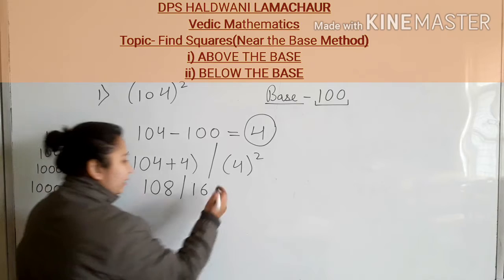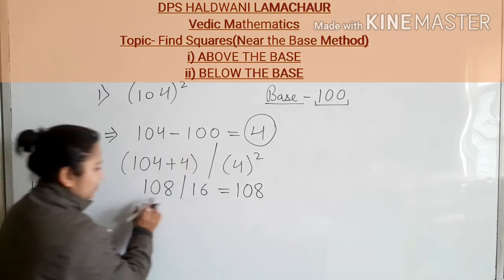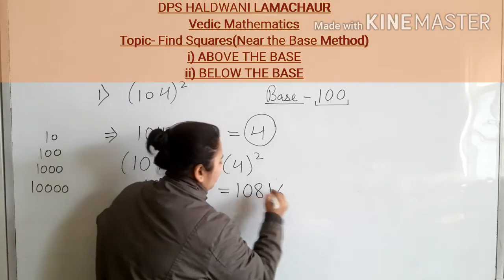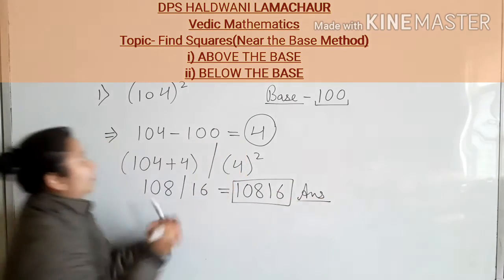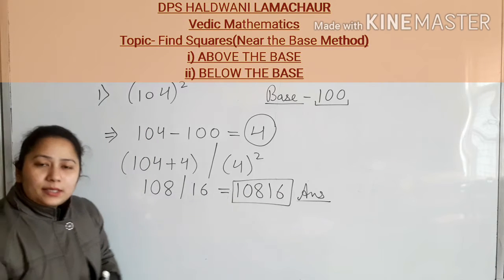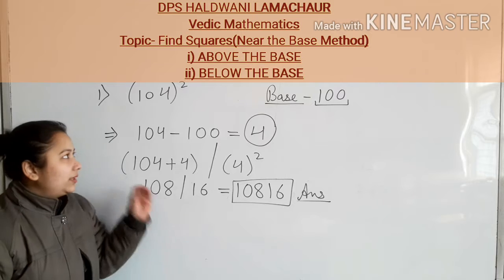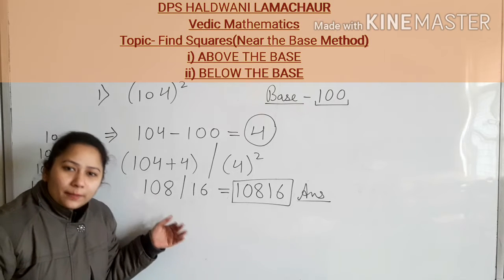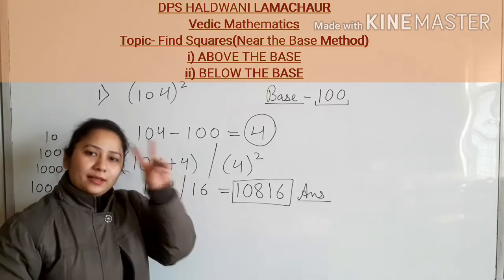It's fine, no carry. So the answer is 108 and 16. And this is your square of 104. You can see kids how easily we have taken out the squares of the numbers which are above the base. You will get it more when we do the second sum.